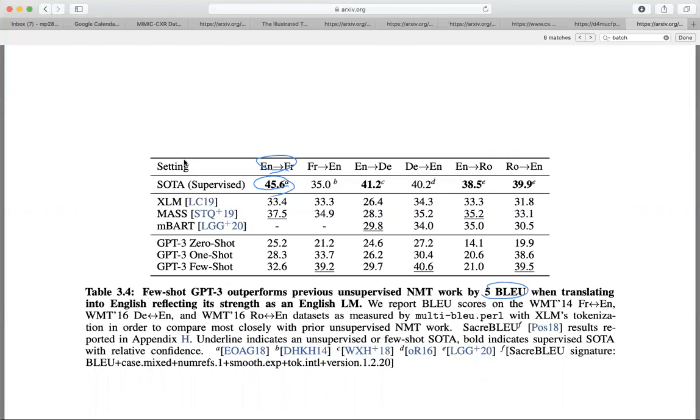Yes, I'm sorry. So the state of the art is obviously supervised. So when I say supervised, the state-of-the-art models are trained to do this and trained to do this and trained to do this. English to German, German to English, English to, is it Russian? Something like that. Anyway, and these are unsupervised models or fine-tuned models. I'm sorry, is it unsupervised or fine-tuned? Let me see.